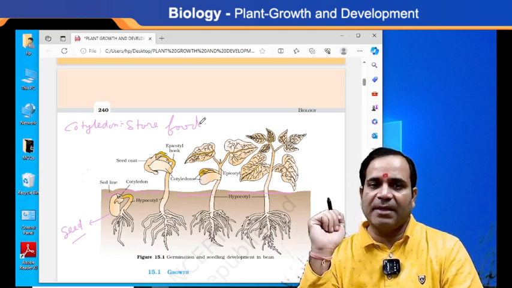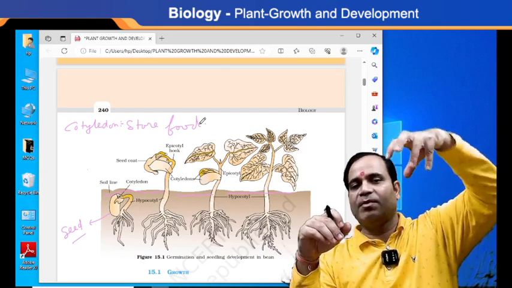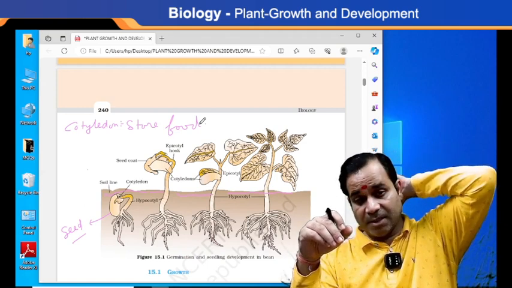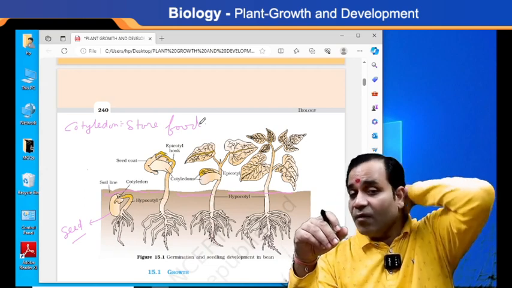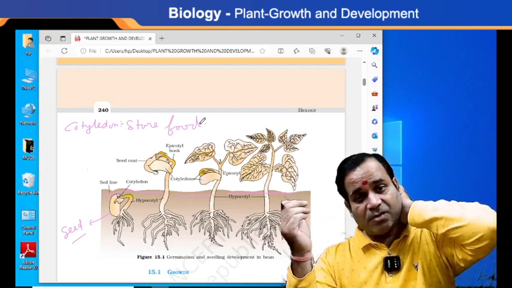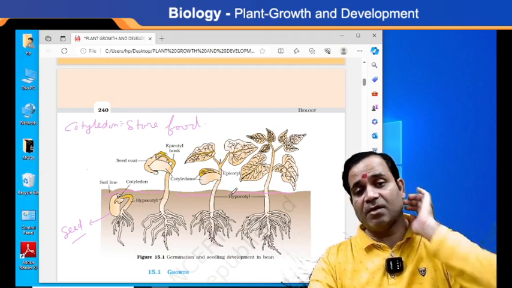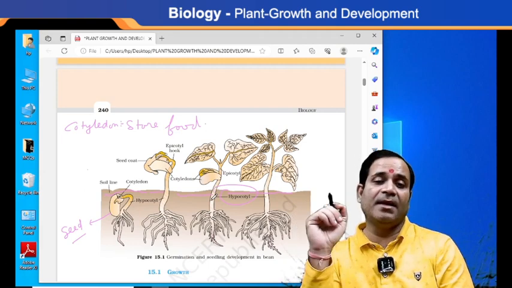So the epicotyl, that is also the epicotyl hook, grows upward and upward with the help of hormones, my dear, and with the help of photoperiodism also. So whenever the cotyledon moves above the soil, then it is known as what? Epicotyl. But whenever the cotyledon remains inside the soil, then it is known as what? Hypocotyl. Getting my point?